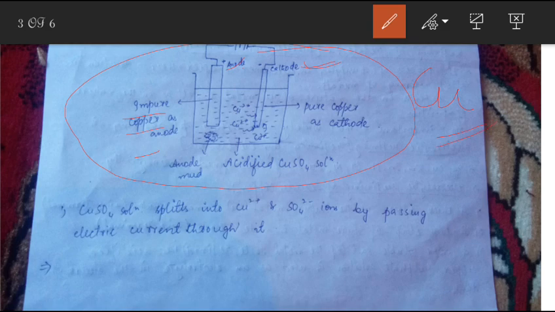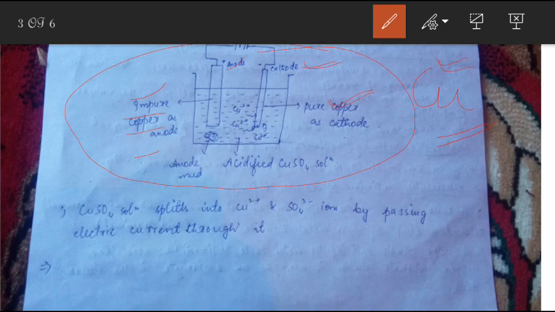The positive electrode as well as the negative electrode are made up of copper. The difference is that the anode, which is the positive electrode, is made up of impure copper, and the cathode, which is the negative electrode, is made up of pure copper. This is the first and second condition required.